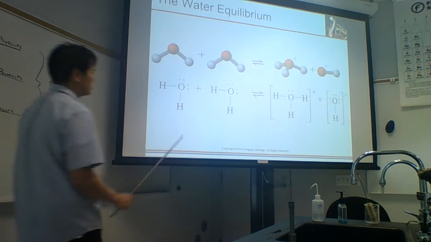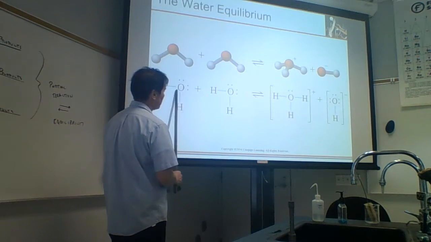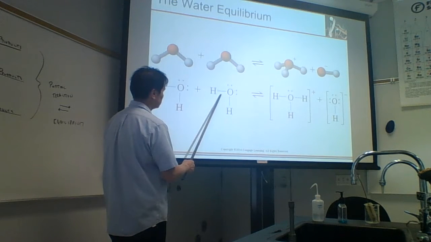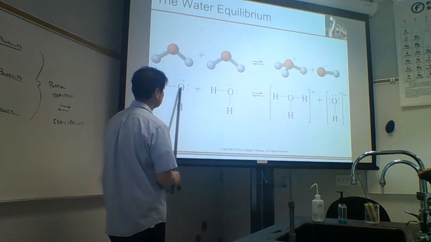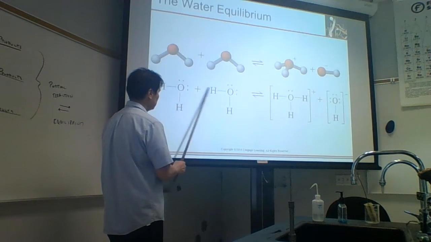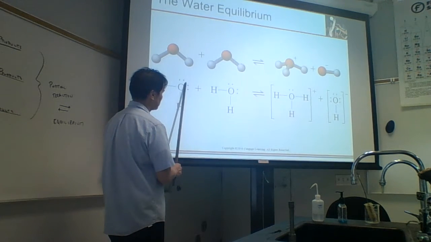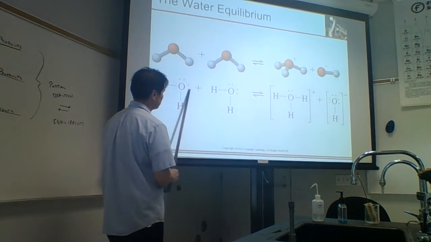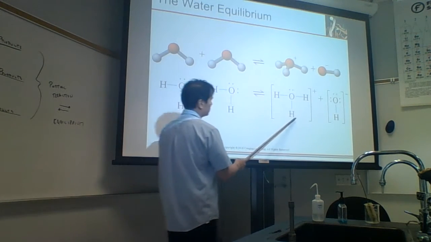And what happens is these two waters can collide with each other. If they collide with each other, then they can react. So for example, one water acts as the base, the other acts as the acid. So here we have the base, here we have the acid. The base is a proton extractor. The acid is the donor in this case here. So proton acceptor, proton donor is what we call it. And so we formed this.